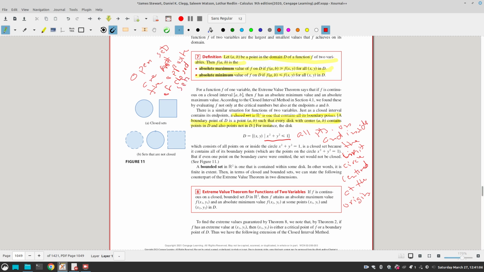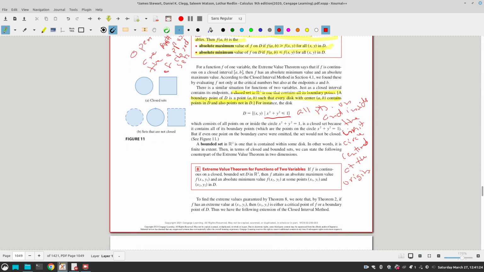This is something you'll look at again in topology, right? So there are sets that can be both open and closed at the same time. They're called clopen sets, C-L-O-P-E-N, clopen. Right? So open sets are not the opposite of closed sets. So this is a bounded set.